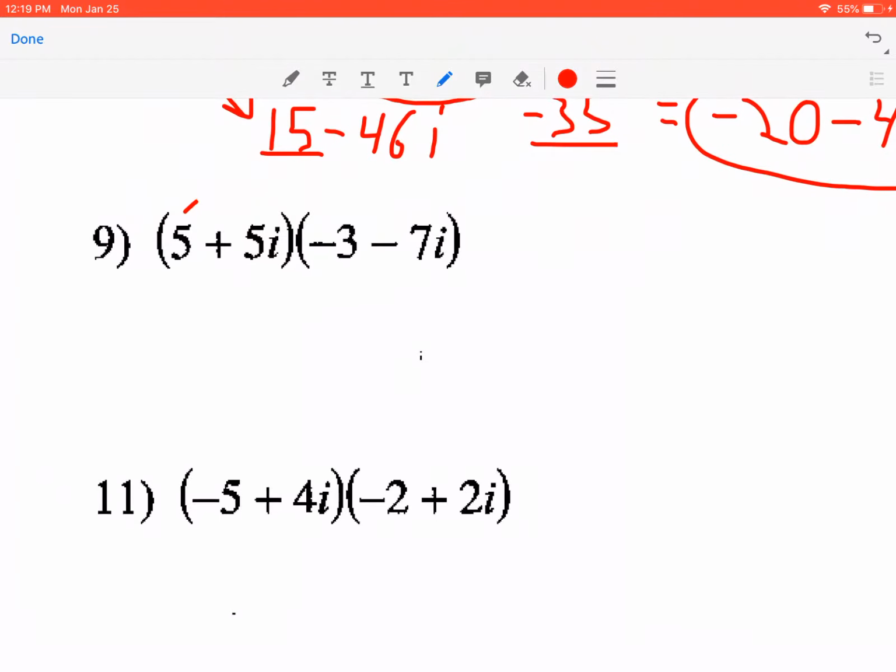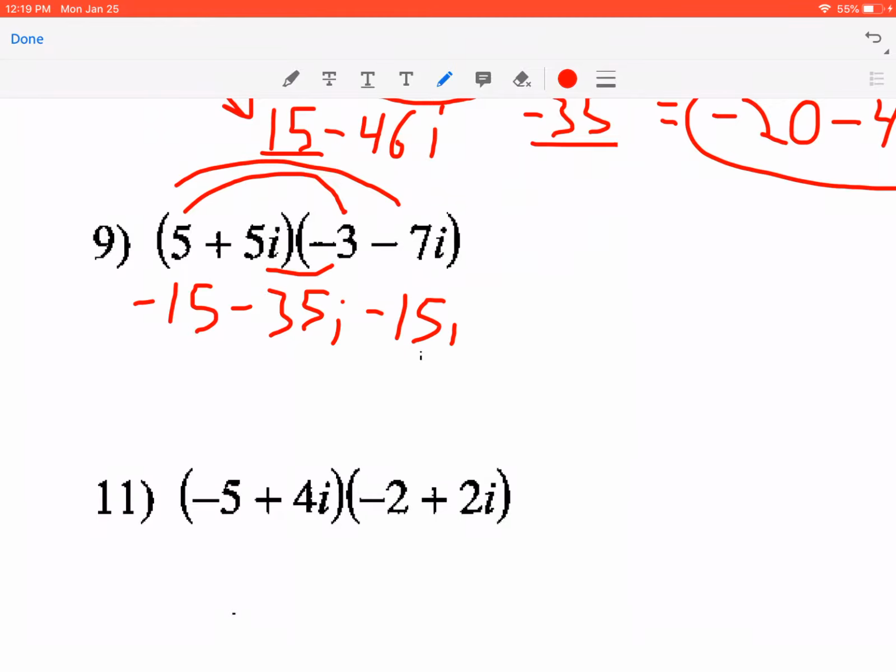Same thing, FOIL, 5 times negative 3, that's negative 15. 5 times a minus 7i, that's negative 35i. 5i and a negative 3, that's minus 15i. 5i and a negative 7i, that's minus 35i squared. But if i squared is negative 1, a negative 35 and a negative 1 is a plus 35.